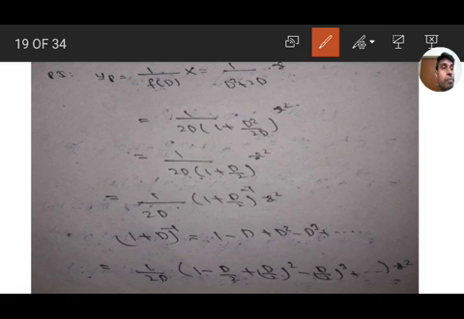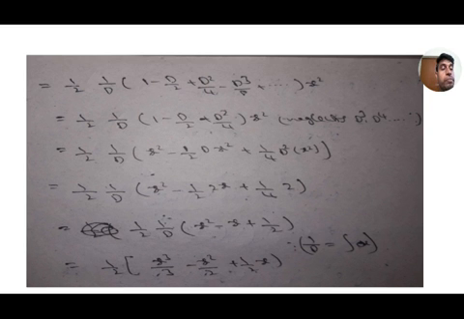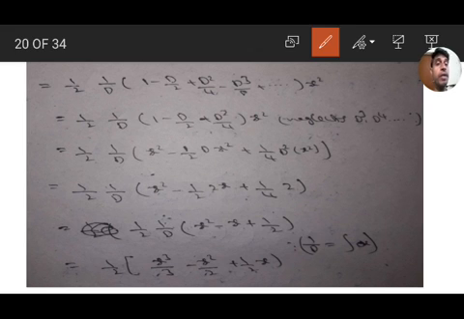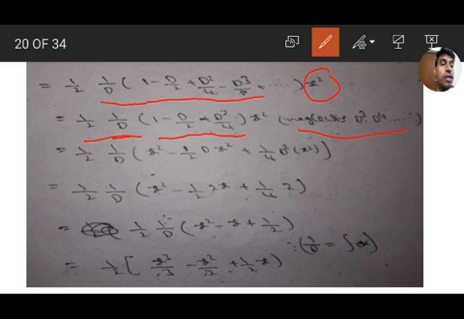Expanding, we get 1 by 2 into 1 by D (1 minus D by 2 plus D square by 4 minus D cube by 8 plus and so on). Here we have up to x square, so neglect the higher order terms D cube, D to the power of 4, because the derivatives are 0. So 1 by 2 into 1 by D (1 minus D by 2 plus D square by 4) of x square.